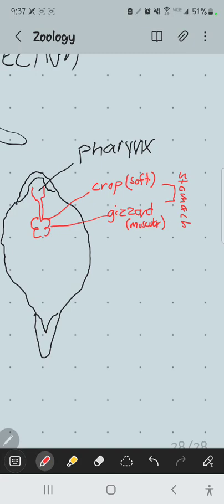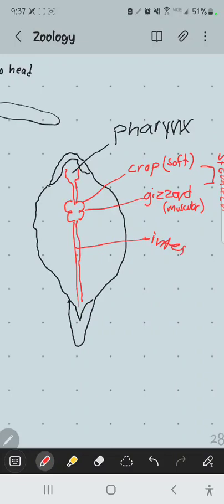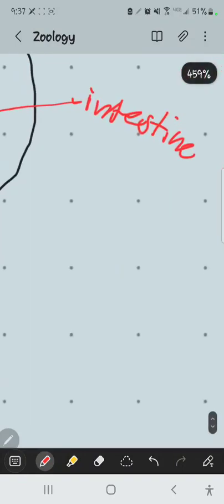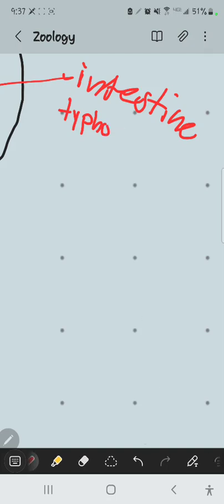Then the intestine is in the posterior portion, and the intestine has in it a typhlosole. And you can see this typhlosole. It's basically a blood vessel-rich structure. If you accidentally snip the intestine or intentionally, you'll see this reddish-orange thing flop out.